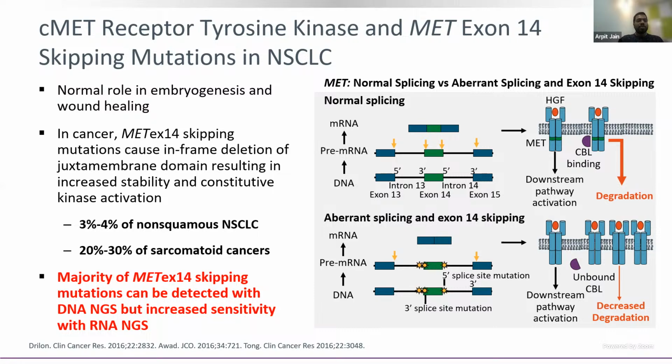Altogether, 3 to 4% of the non-squamous patients have this alteration. Again, this needs to be confirmed in multi-gene based panel testing, and RNA NGS has an edge over DNA based NGS for identifying this skipping mutation alteration. Next.